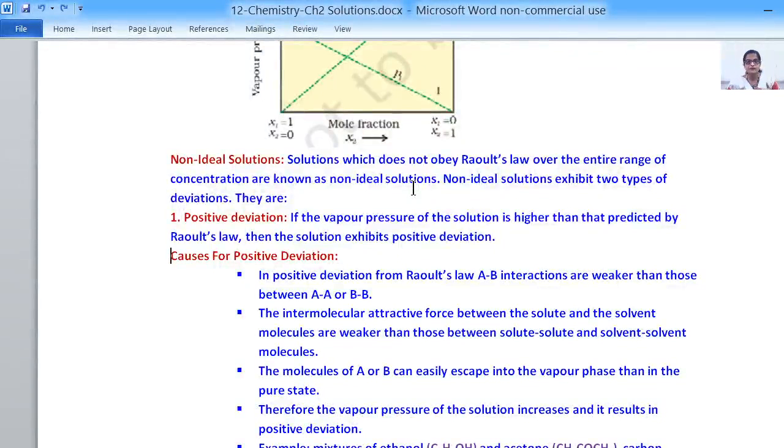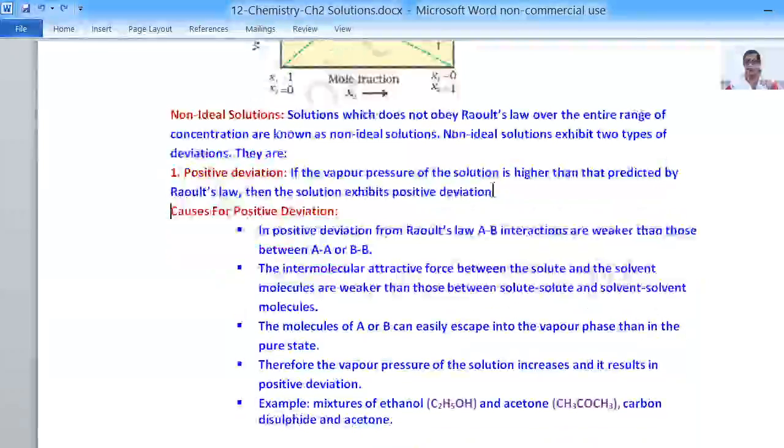Now, an example for positive deviation: mixtures of ethanol and acetone. You know the formula of ethanol, it is C2H5OH, and acetone is CH3COCH3. In pure ethanol, there is very strong intermolecular hydrogen bonding. Likewise in acetone, there is also very strong intermolecular hydrogen bonding.